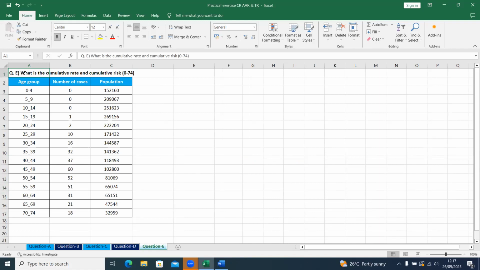Our last question is to calculate the cumulative rate and cumulative risk for the age group 0 to 74. How will I get the cumulative rate? What is the first step?